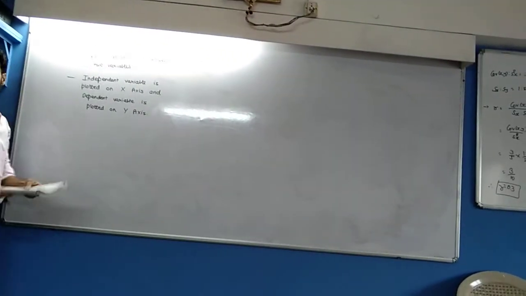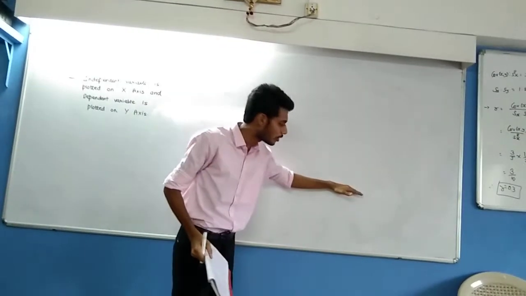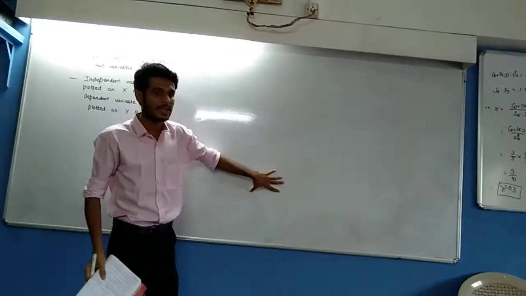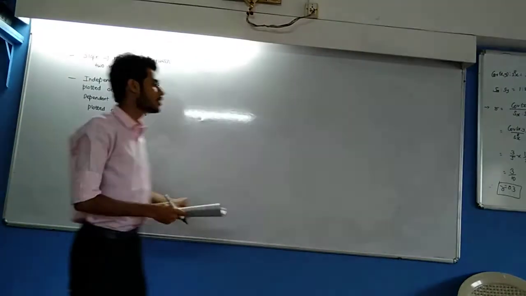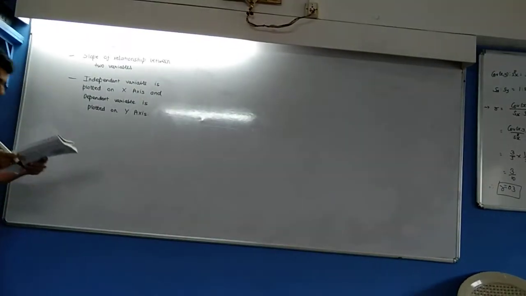Okay, the independent variable, which is time, will always be plotted on the x-axis, whether it is year, month, week or days. And the second variable, which is a dependent variable, will be plotted on the y-axis. Right?